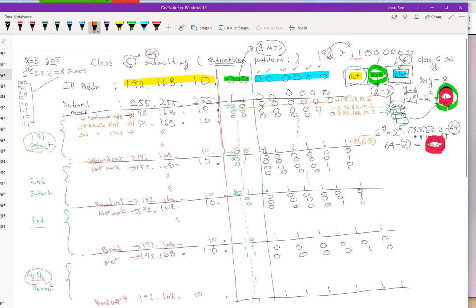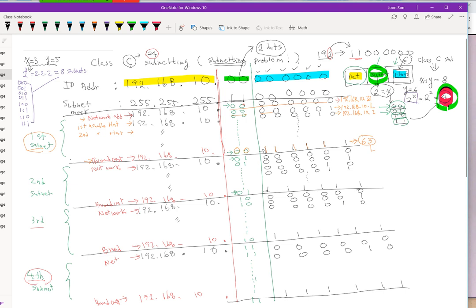So the IP address for the broadcast address is what? Okay, I'm running out of space, so I'll just delete this.